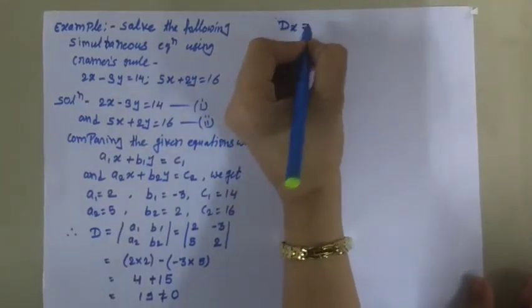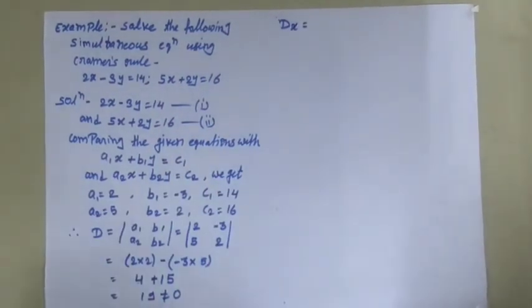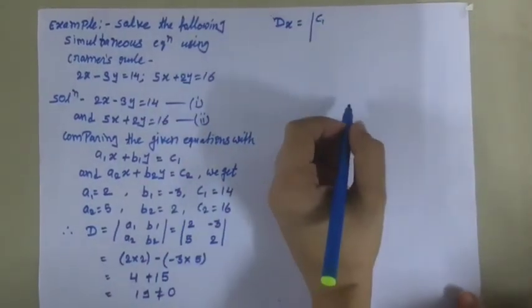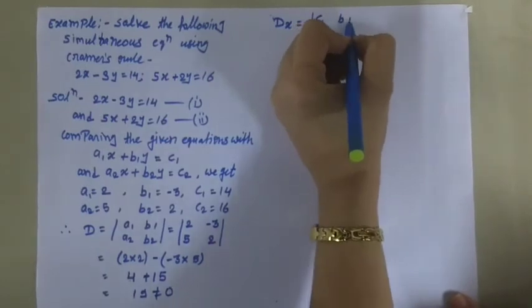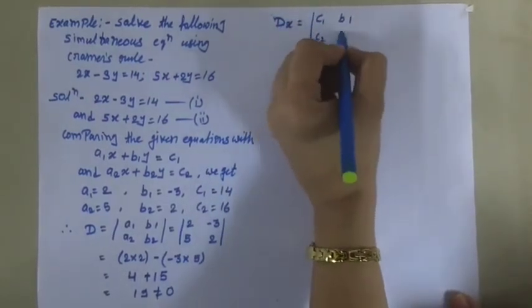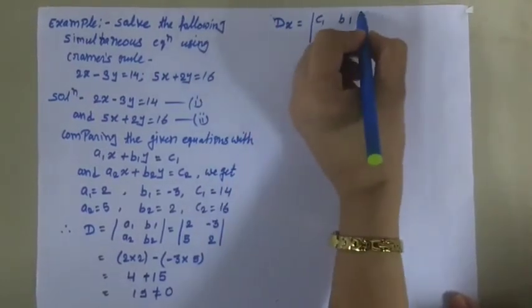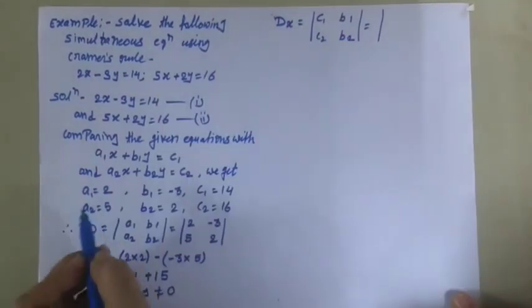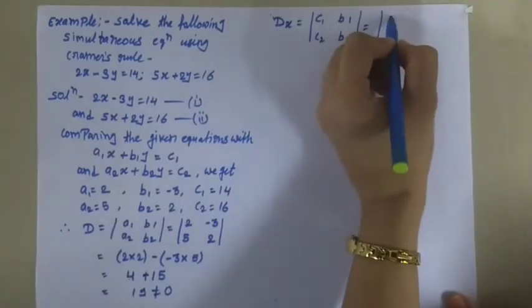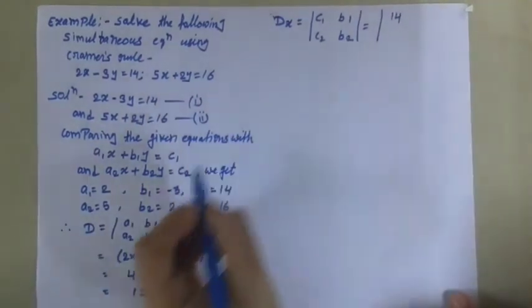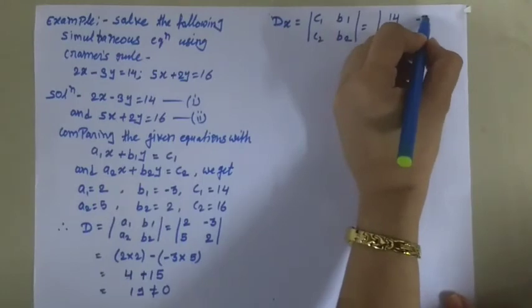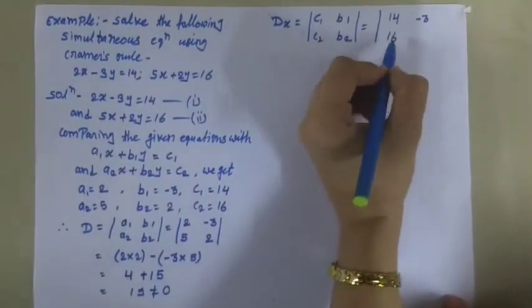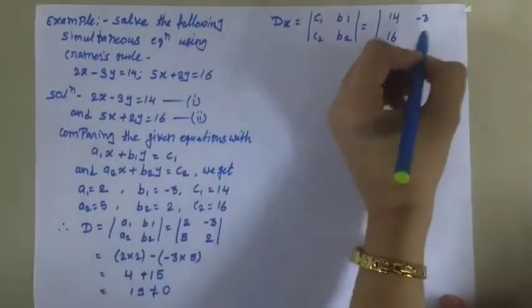Dx equal to determinant C1, B1, C2, B2, where C1 equal to 14, B1 equal to minus 3, C2 equal to 16 and B2 equal to 2.